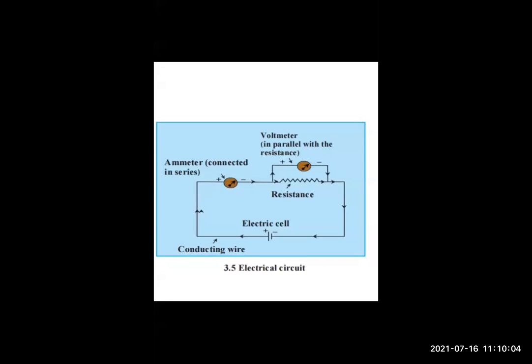Now what about C, the third figure? In the third figure, you can see the wire is proper. Conducting wires are connected properly. Now what is the mistake here? Look at the bulb and say what the mistake is.